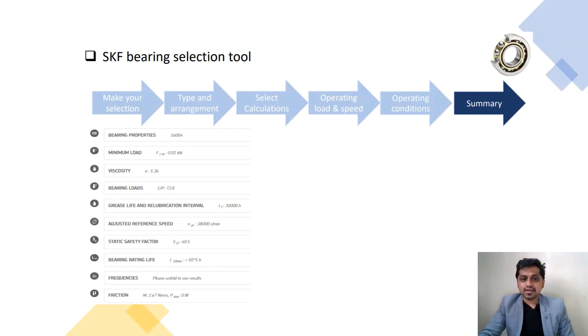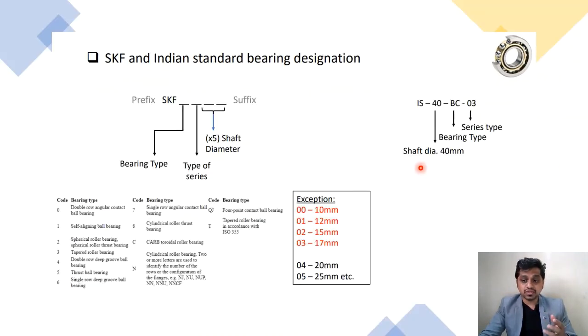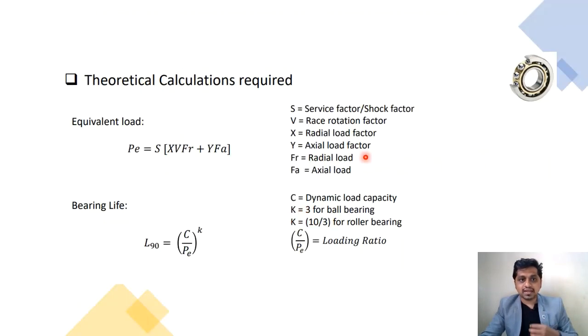So this is how we can use the software, and this is the SKF and Indian standard bearing designation, you could see. So the bearing number, what is its significance, how you should read that. So you can read this document and also go into the details of how a bearing number should be read. And these are some theoretical calculations which are required, or how the software calculates the data, you could say.